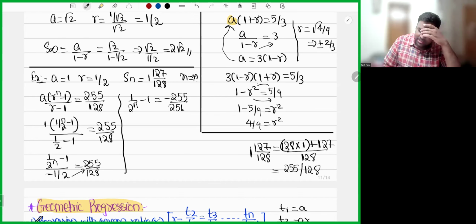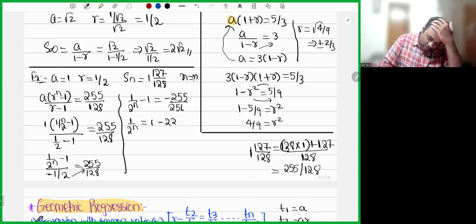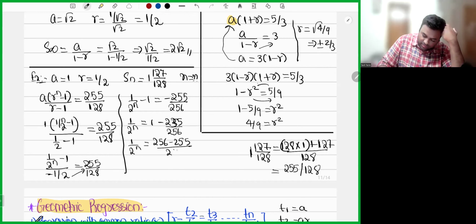Let's send minus 1 to right side. 1 by 2 power n is equals to plus 1 minus 255 by 256. Again take LCM. 1 by 2 power n is equals to 256 minus 255 whole divided by 256.